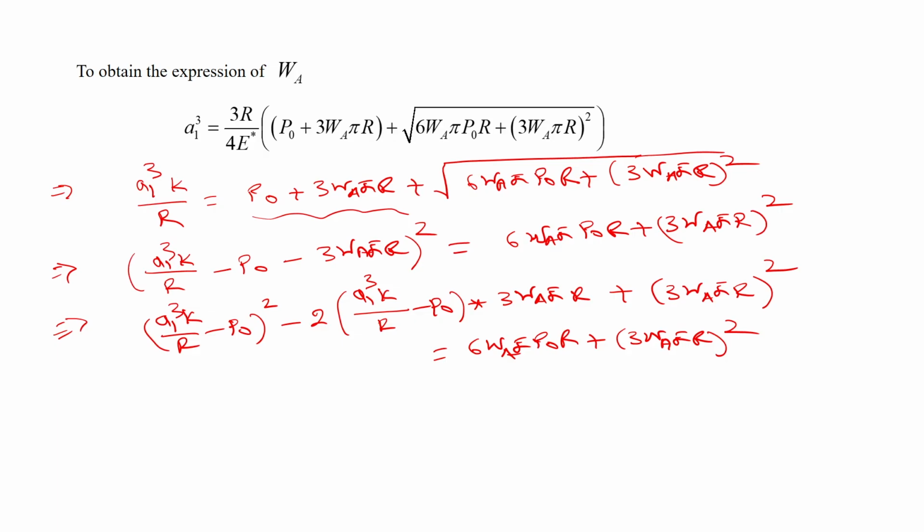If you see, this term gets cancelled, and this is minus 2 P0 into minus, plus, so this also gets cancelled.